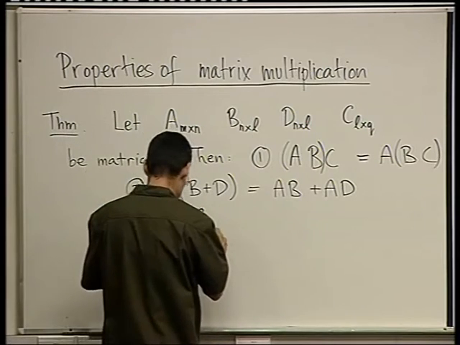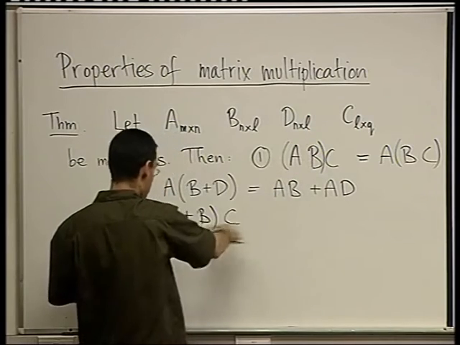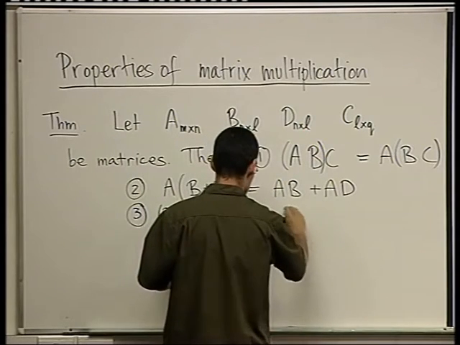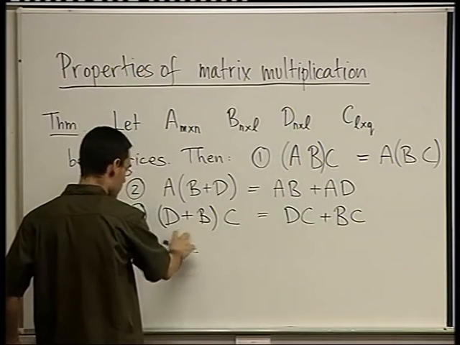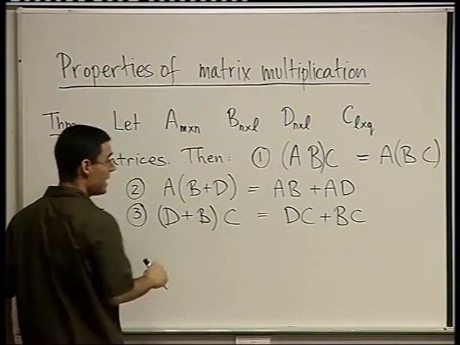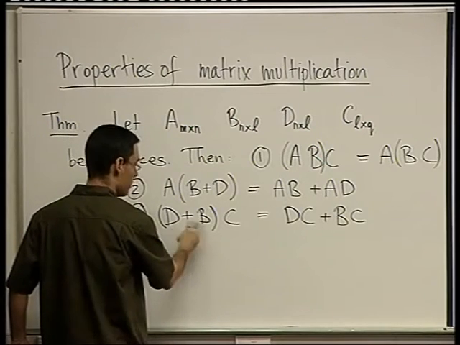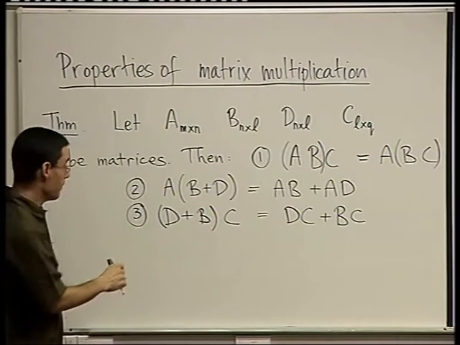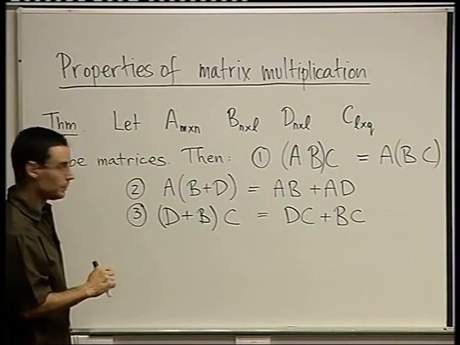So if we take D plus B times C, and now that matches, equals DC plus BC. I don't know why I wrote D plus B rather than B plus D. That doesn't matter, right? They're the same size. It doesn't matter if I write D plus B or B plus D, right? Addition is commutative. Okay, good?